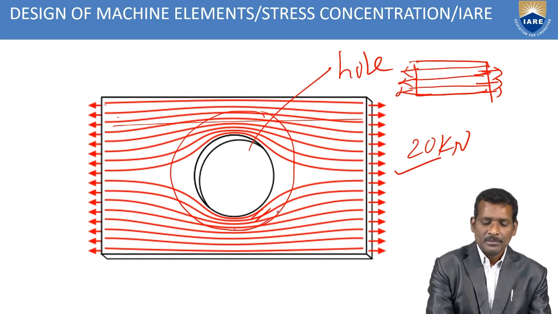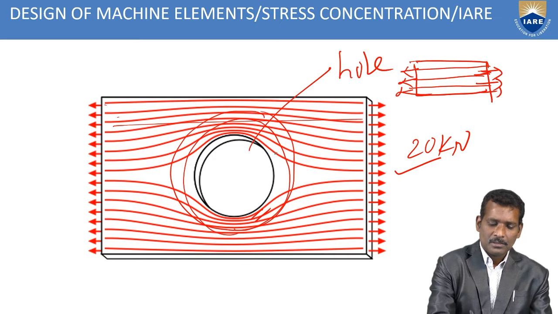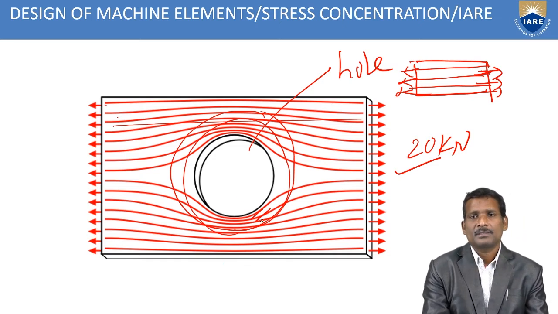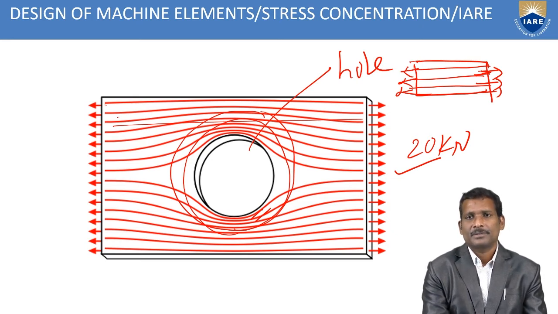At this region the stress will be more, so more stress will be concentrated. This phenomenon is called stress concentration. Okay? How to reduce, how to minimize the stress concentration? We will see in the next slides.